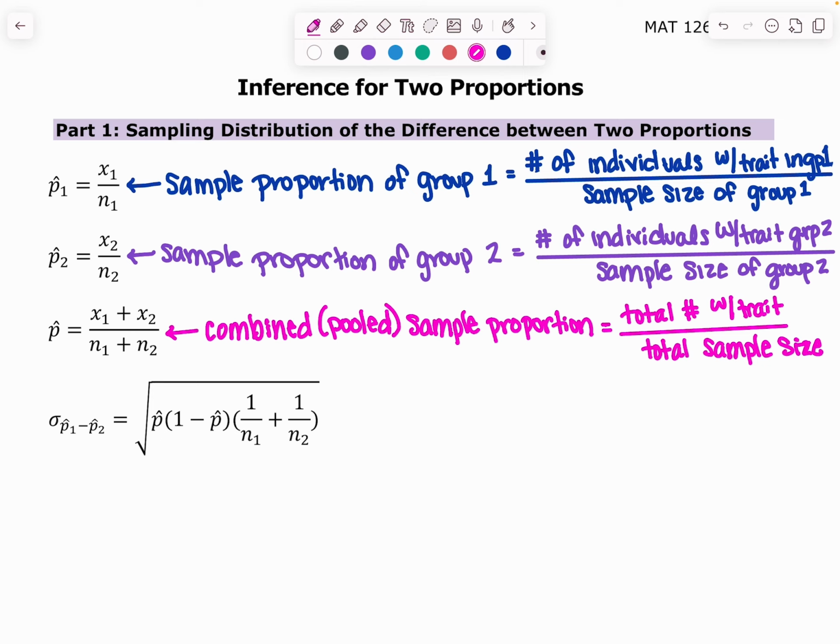And then the standard deviation, we're looking at the standard deviation of the difference between group 1 and group 2.